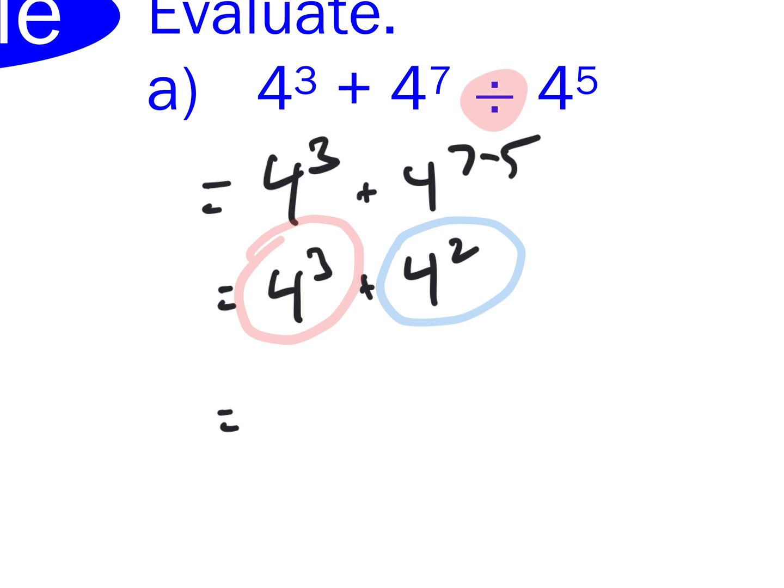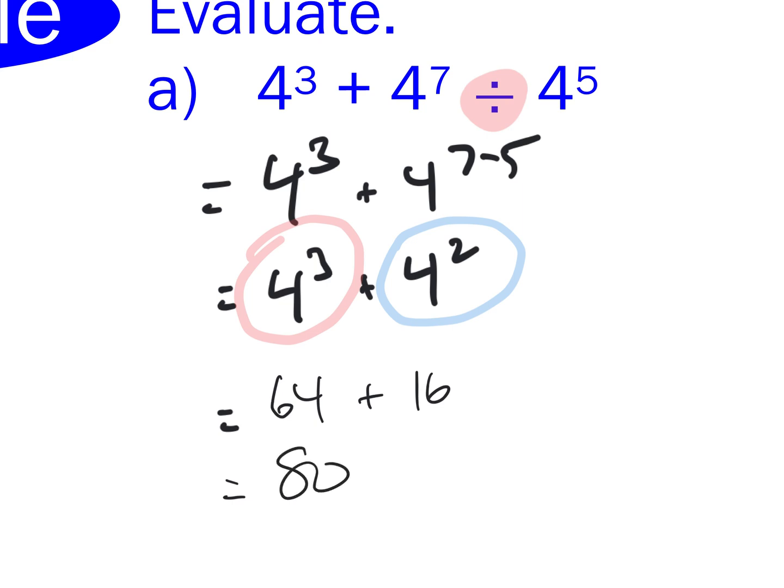Not 32. 64. Very good. And what's 4 squared? 16. And now that we've figured out both of those powers in standard form, we'll add them together. 64 and 16 add up to 80.